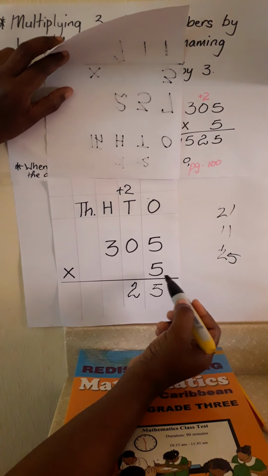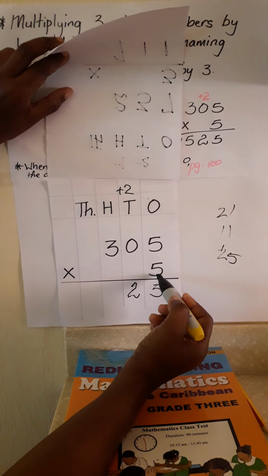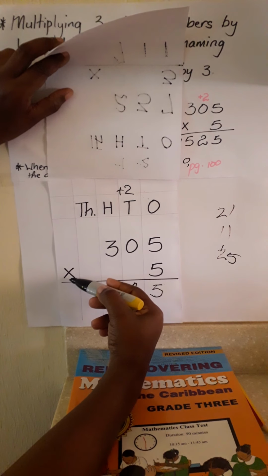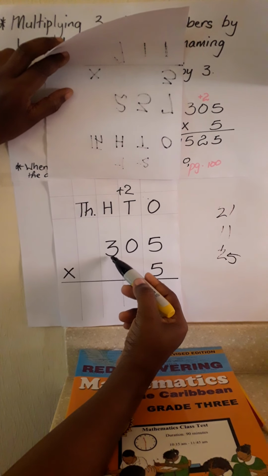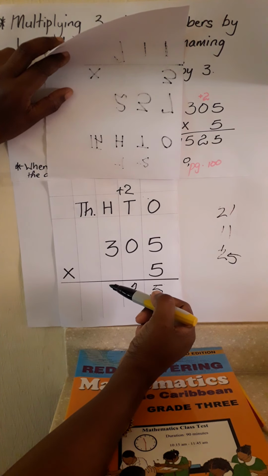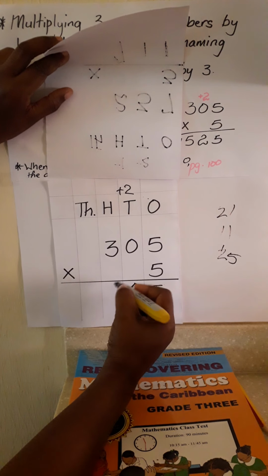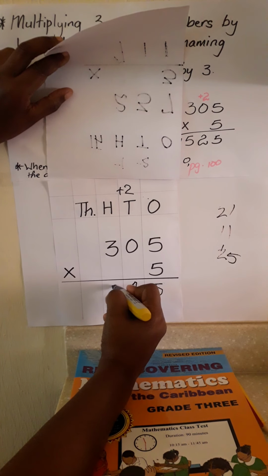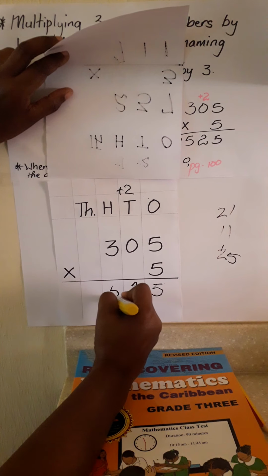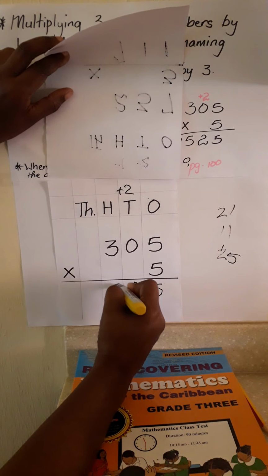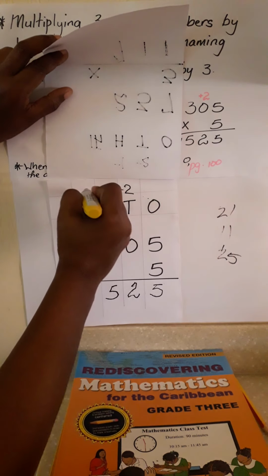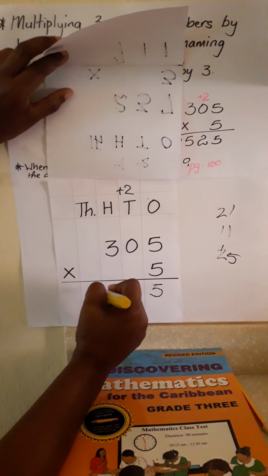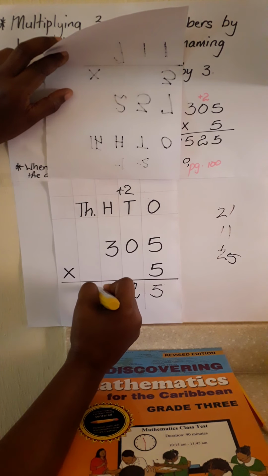So we are moving on. Now we have 5 times 3. 5 times 3 is 15. That's correct. So we are going to put the 5 under the hundreds place, and we are going to take that 1 over to the thousands place.